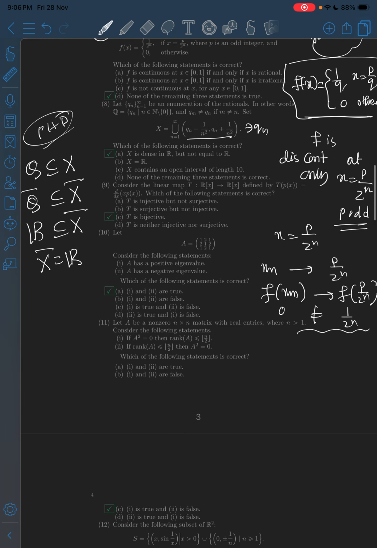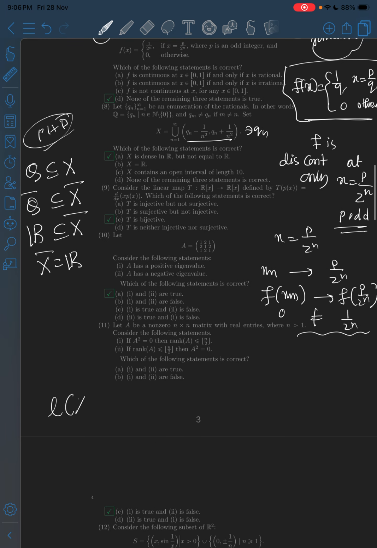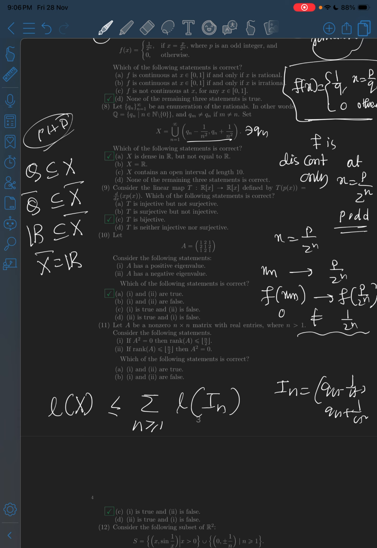Obviously the length of x is less than or equal to the summation of the lengths of I_n, n greater or equal to 1, where I_n equals (q_n minus 1 by n square, q_n plus 1 by n square). Now what is the length of I_n? This is 2 by n square.